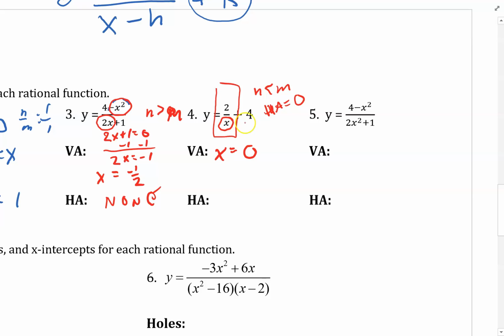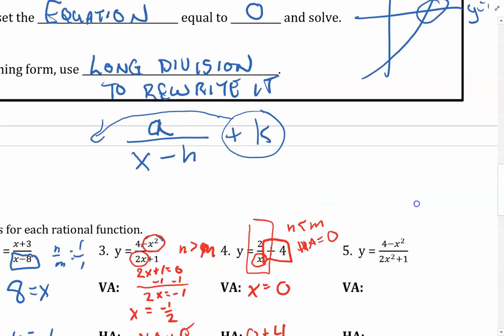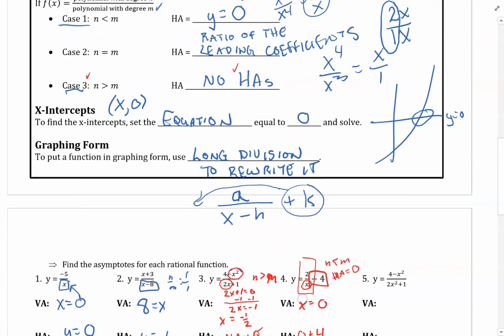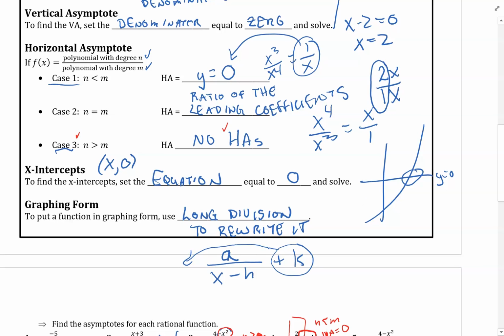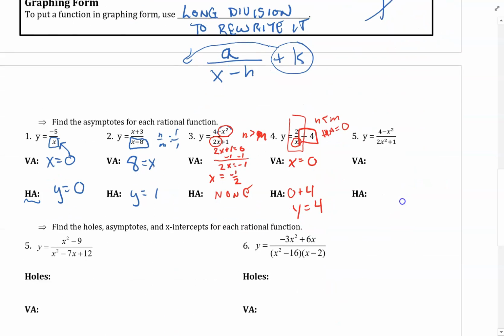But we now have plus 4. So we're going to add that 4, and we're going to get y equals 4 for our horizontal asymptote. So this part gives us y equals 0, but then we still have plus some k at the end.